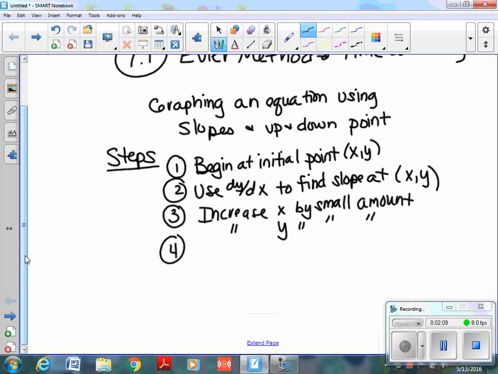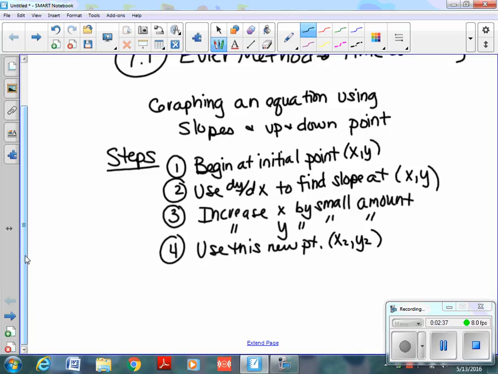Number 4, you're going to use this new point, and then you're going to have another new point now. You're going to have an x2, y2. And then you're just going to keep continuing it until you get to a specific point that they want you to find.